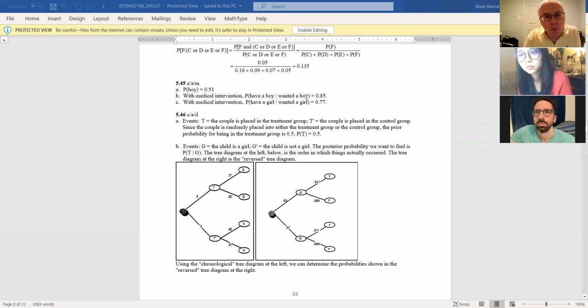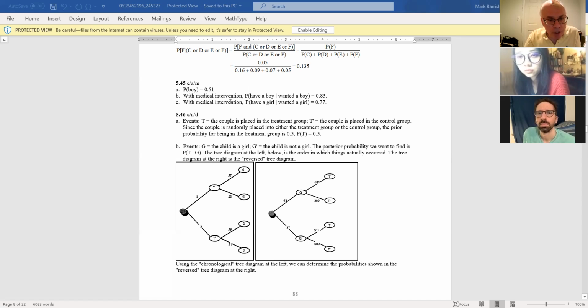But they did it the way that I thought could be another way, which was to create two other variables. One variable is that a couple wanted a boy, and the other is that they wanted a girl. The way they did it, the probability of a boy is 0.51, which means the probability of a girl is 0.49.